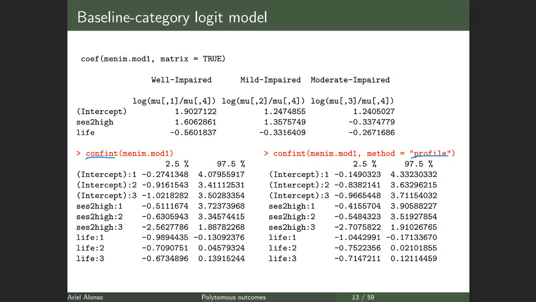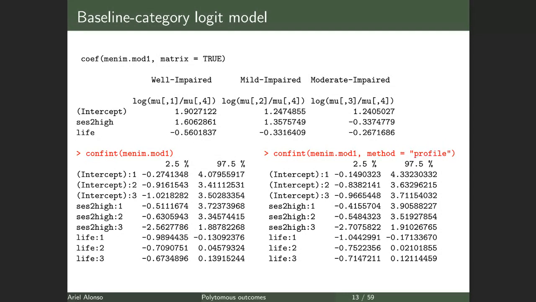They can give you values of certain parameters that are out of the range of the parameters. For instance, a Wald confidence interval for a probability can be negative, which is impossible. Profile likelihood is preferable because you would not have this type of problem. But if you want the profile likelihood confidence interval, you need to specify it yourself with the method statement.